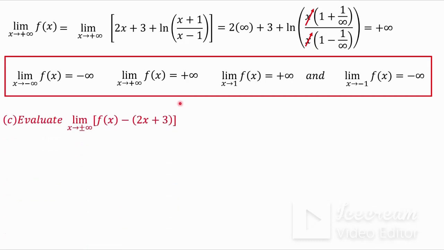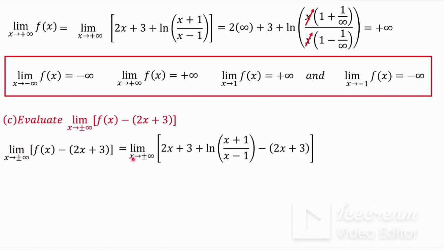The C part of the question was asking us to evaluate the limit as x tends to plus or minus infinity of f of x minus 2x plus 3. Doing that, we obtain the limit as x tends to plus or minus infinity of f of x replaced with its value, that is 2x plus 3 plus ln of open bracket x plus 1 divided by x minus 1, then minus 2x plus 3.